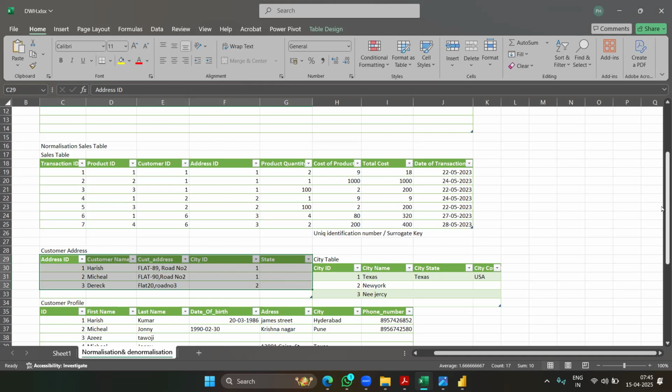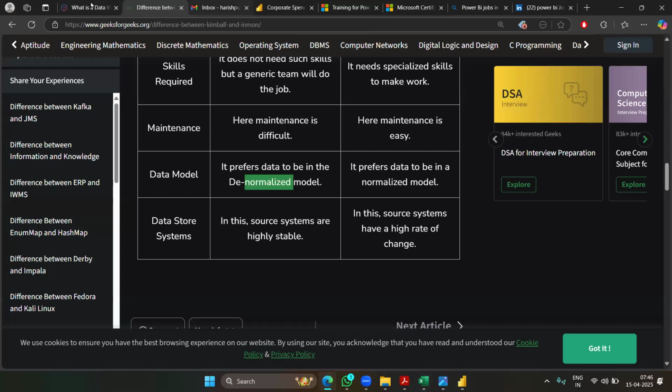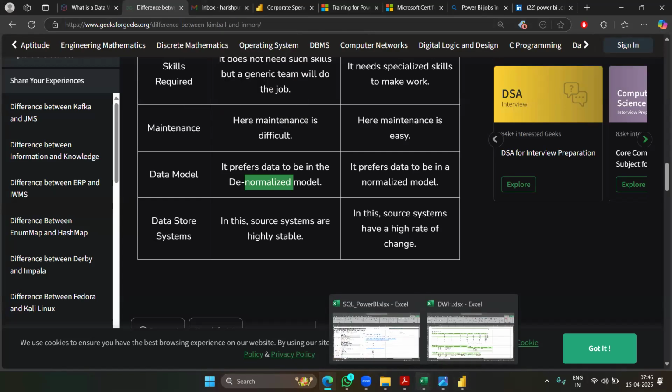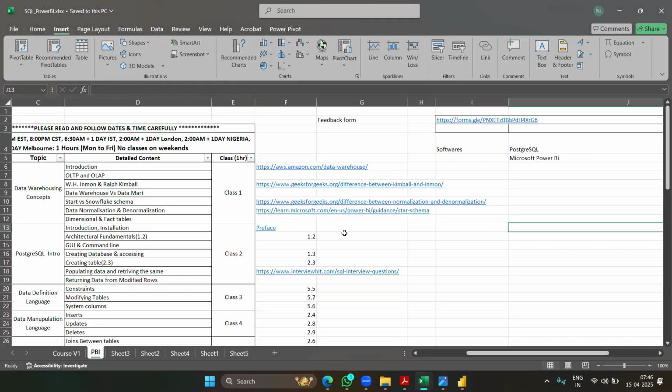The first benefit we get is the effective utilization of space, avoiding data duplication, right? And this also helps us in analytical processing, right? And if I show you this particular relation in a tabular form, right? Let me open that particular topic.